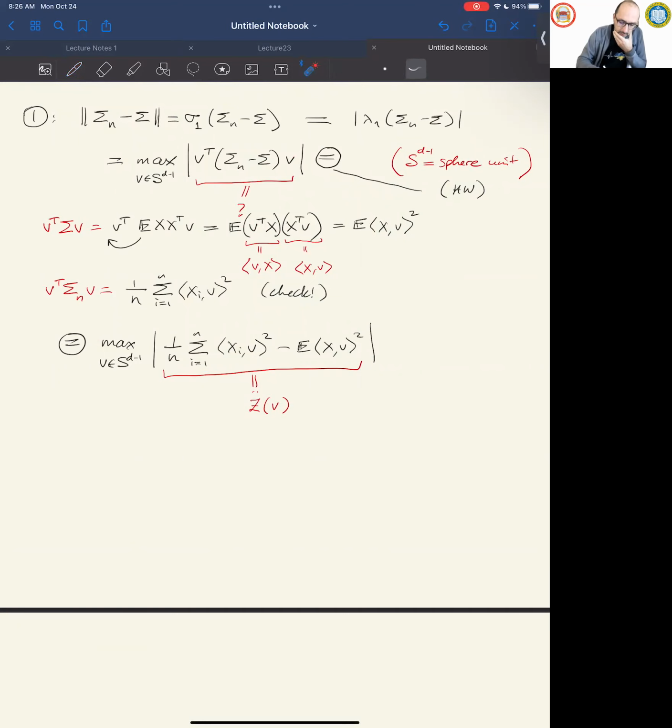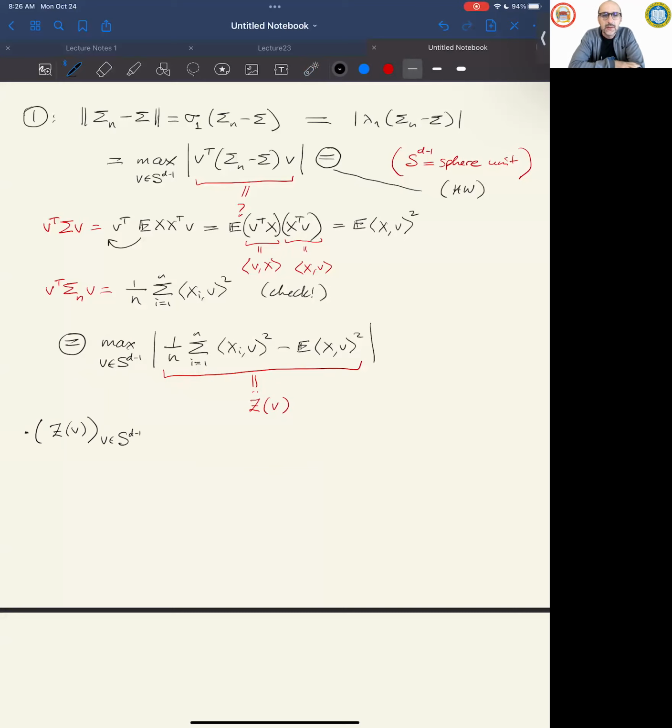And then we're taking the maximum. This is interesting. So we have a collection of random variables, Z of v, indexed by v, and we take the maximum of that.